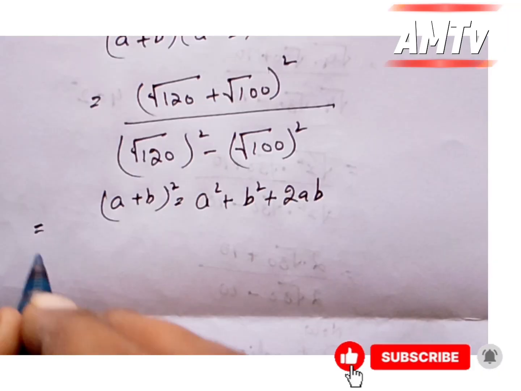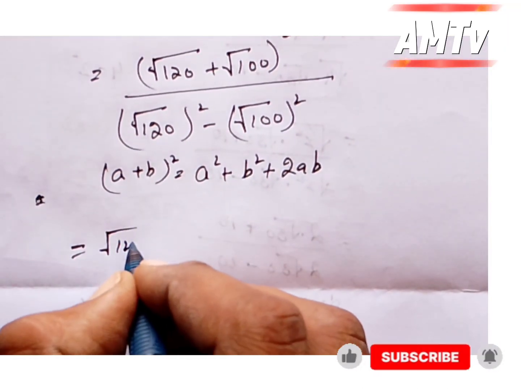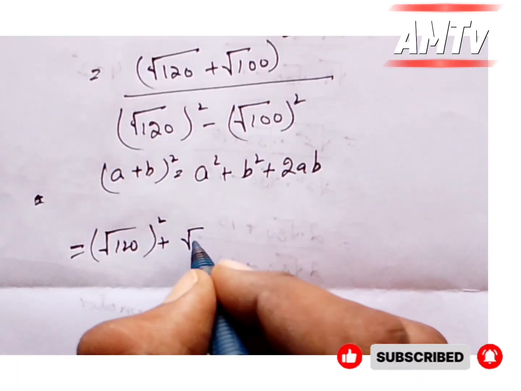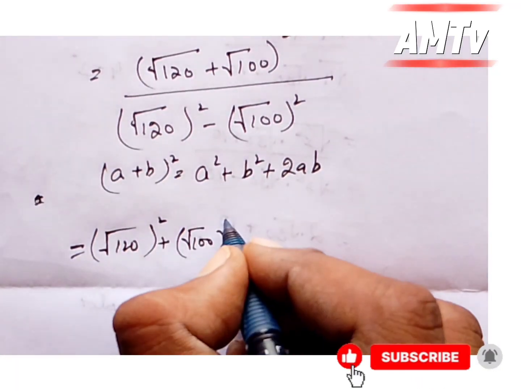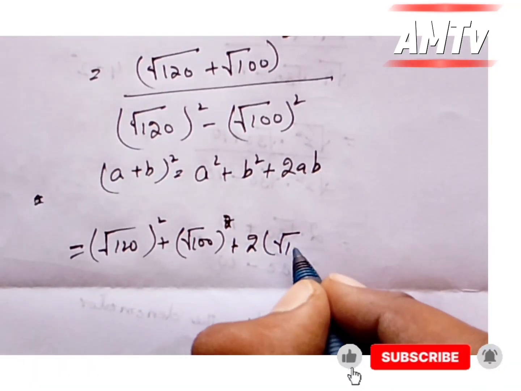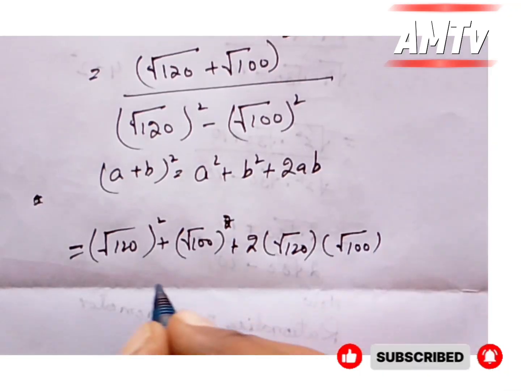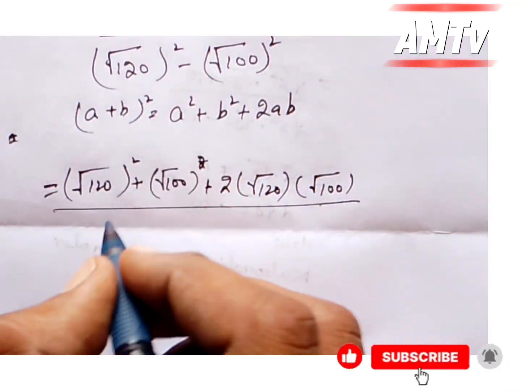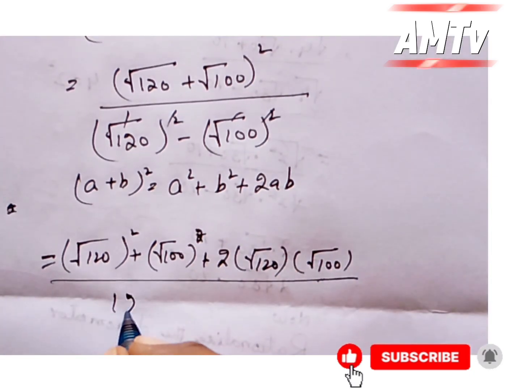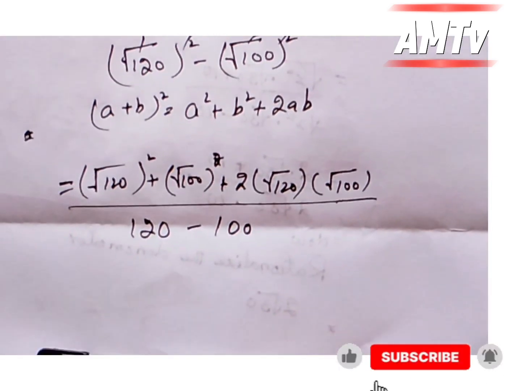So we can write this as root 120 square plus root 100 square plus 2 into root 120 into root 100, divided by 120 minus 100.